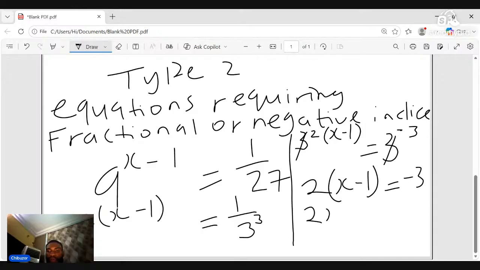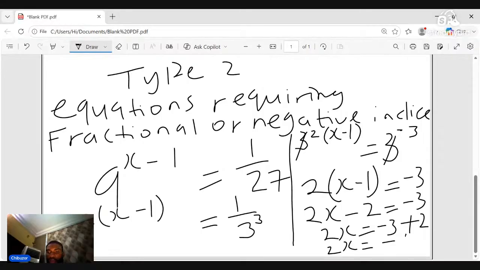Expand the bracket, we have 2x minus 2 is equal to minus 3. 2x is equal to minus 3 plus 2. 2x is equal to minus 1. x is equal to minus 1 over 2. Is it clear?